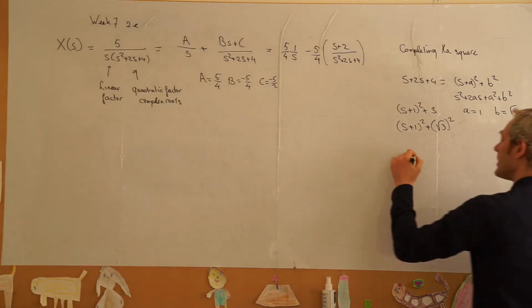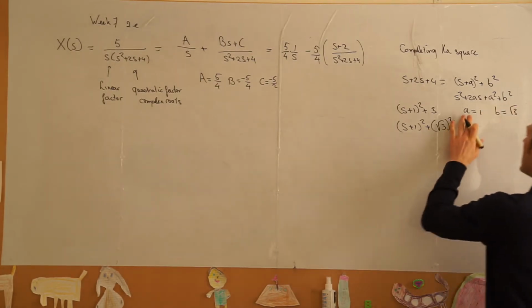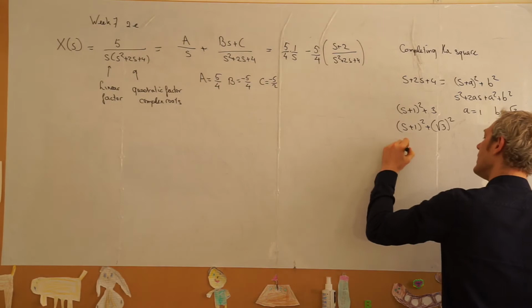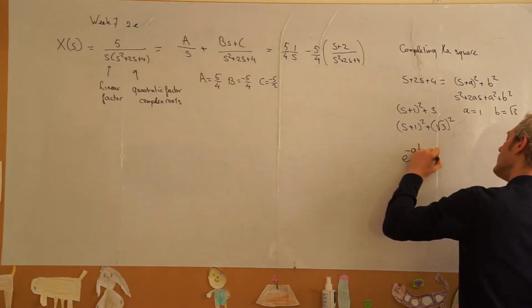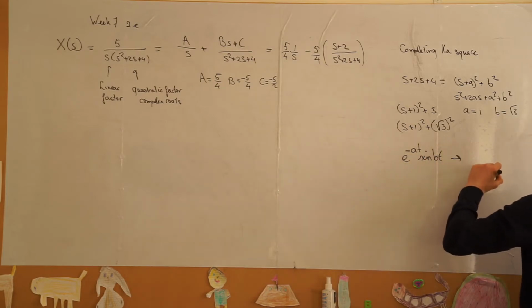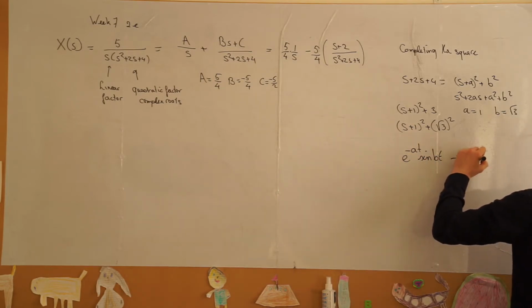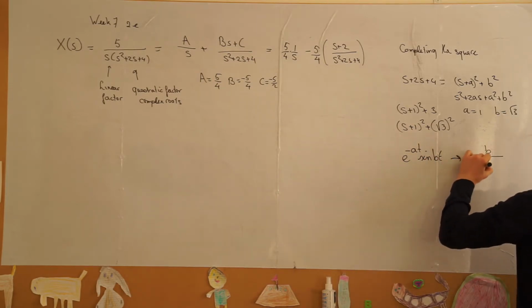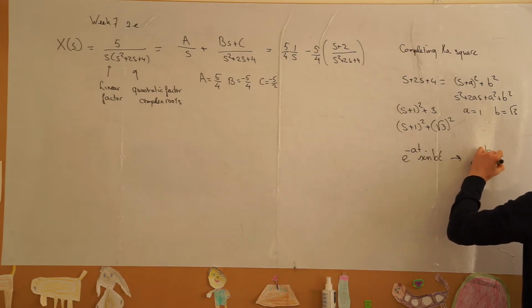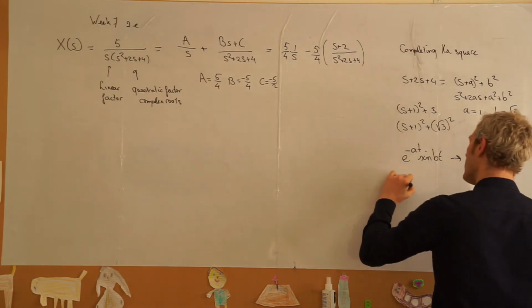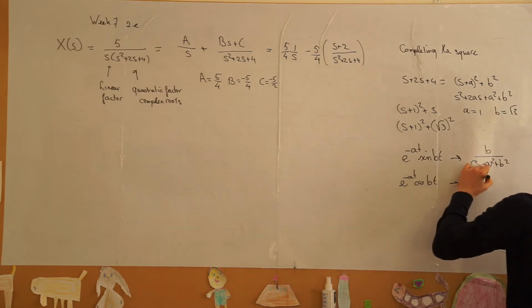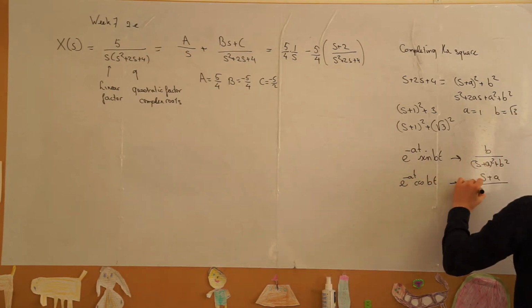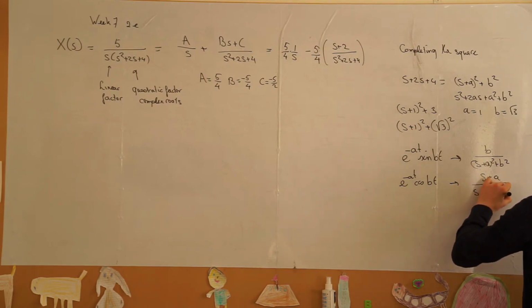Well, in the Laplace table, if I write e to the power of minus at sine of bt, the Laplace transform is b over s plus a squared plus b squared, and e to the power of minus at cosine of bt becomes s plus a over s plus a squared plus b squared.